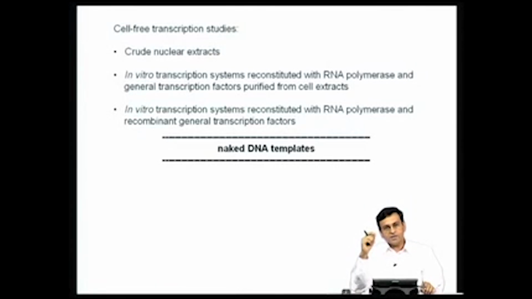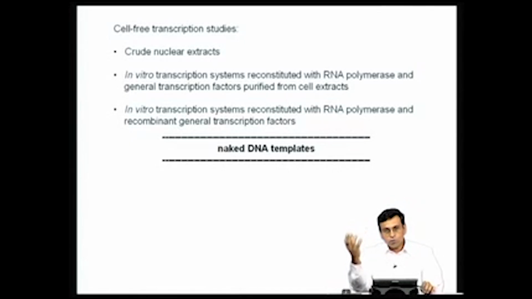People started realizing that naked DNA templates may not really reflect the real situation in in vivo systems, so they started using what are called chromatin templates. People studying chromatin structure and organization have developed protocols for purifying various histones like H1, H2A, H2B, H4 and so on.